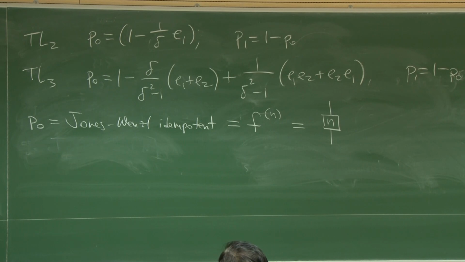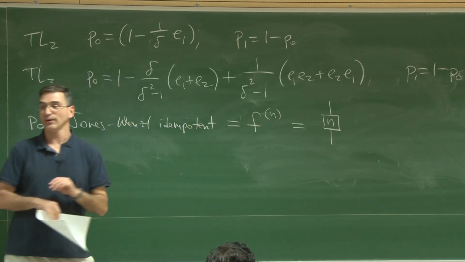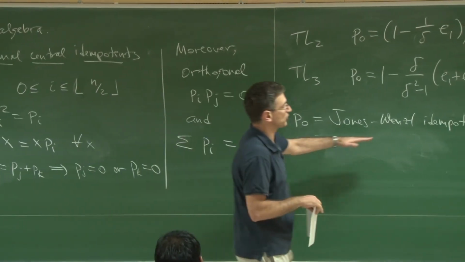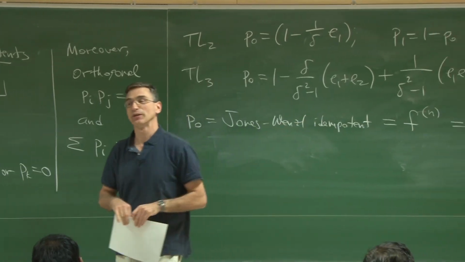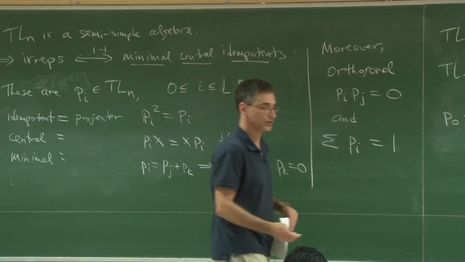I'm going to show you how P0 and these guys are used. So hold off on this notation. I just want to point out that we're going to switch notations. Let me show you an application of the Jones-Wenzel idempotent.